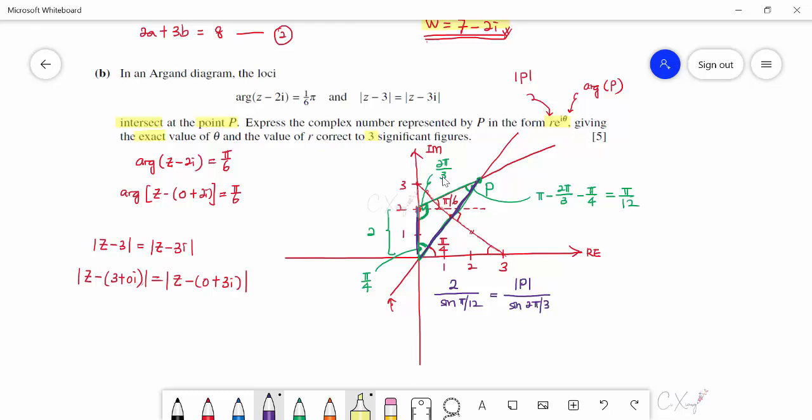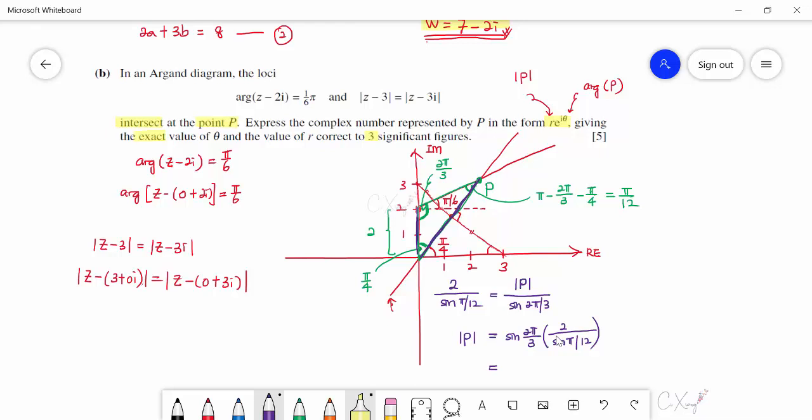Okay, so I think from this equation, you will be able to get the value for modulus P very easily, by just pressing the calculator. If you press the calculator, you will get a long value.